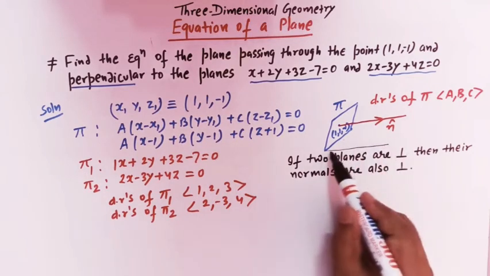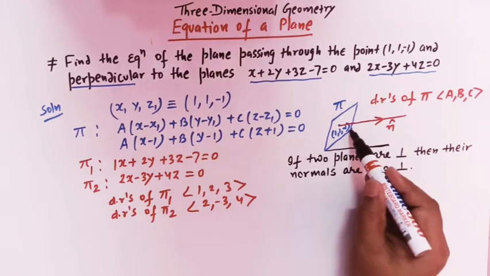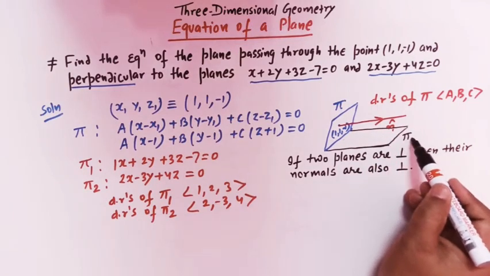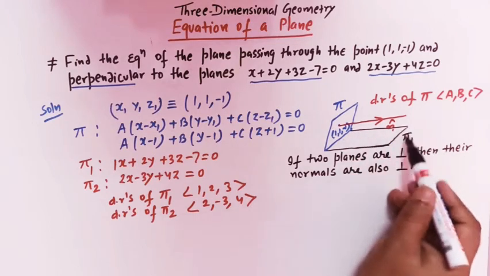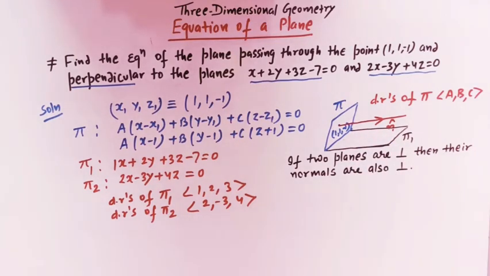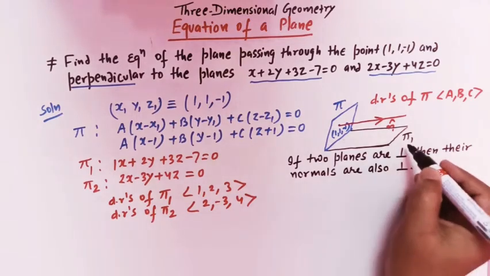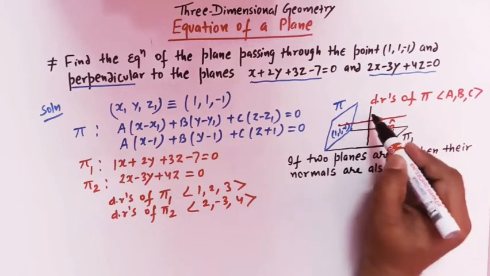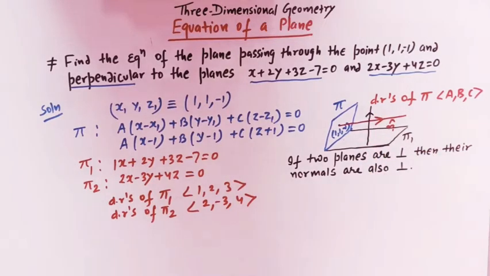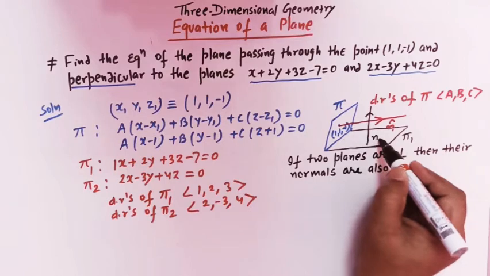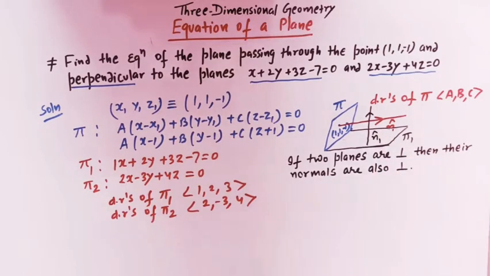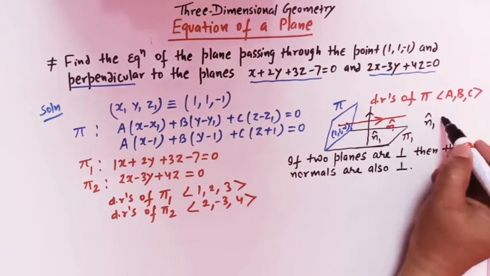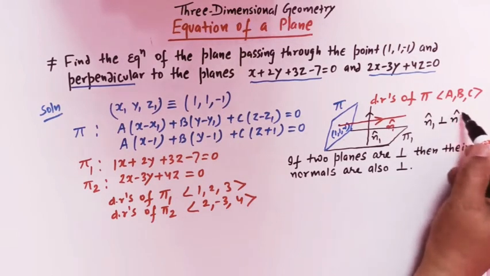Suppose this is the plane pi 1, and the normal to this plane pi 1 may be drawn like this. So this is the n1 vector. So we see that the n1 vector is perpendicular to the n vector.